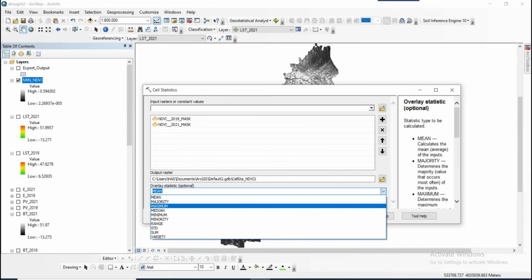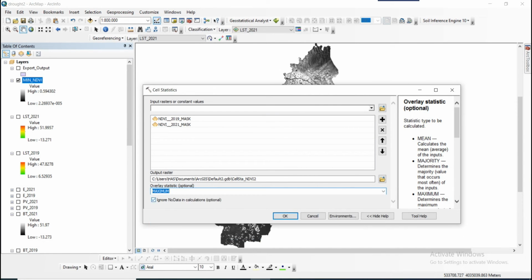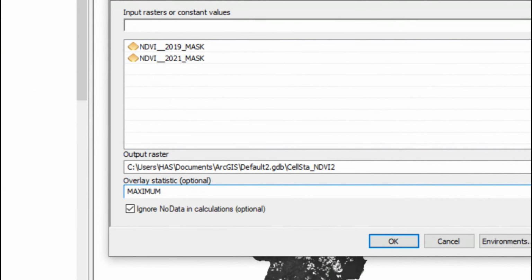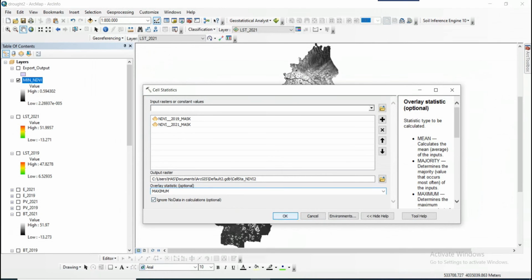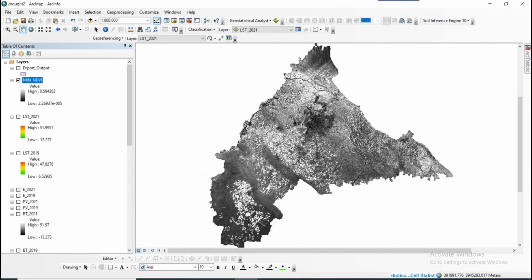So we will choose maximum instead of minimum. If you notice, we have maximum right here. So it will calculate the maximum value depending on these 2 years.